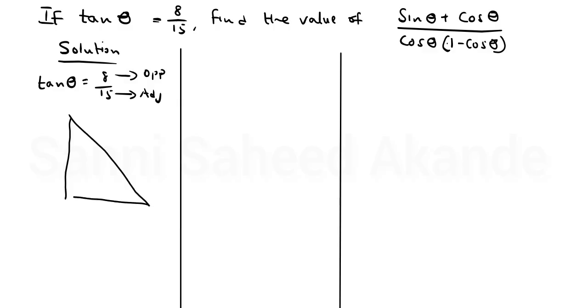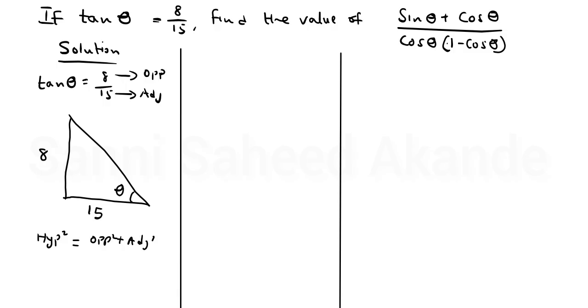Now, using this tan theta, if my theta is here, then the opposite will be 8, the adjacent will be 15. Using Pythagoras on this triangle, we are going to get our hypotenuse. So hypotenuse squared will be equal to the opposite squared plus the adjacent squared.